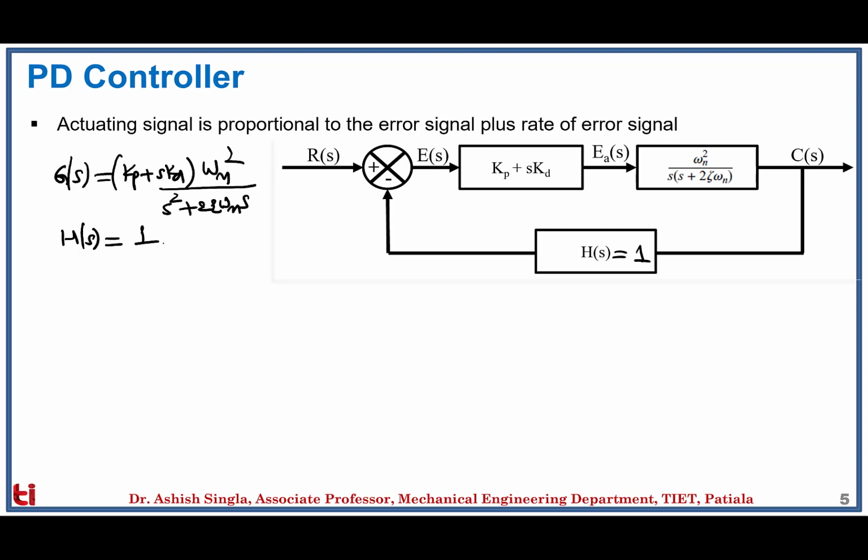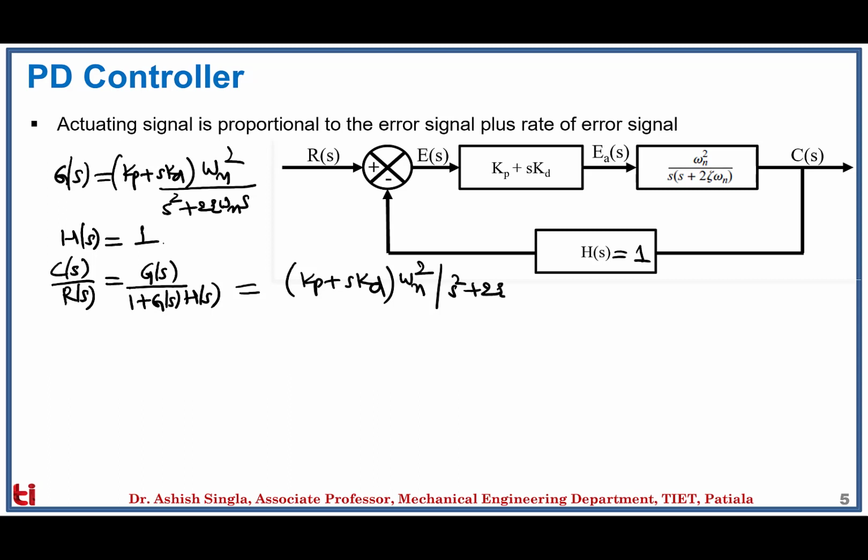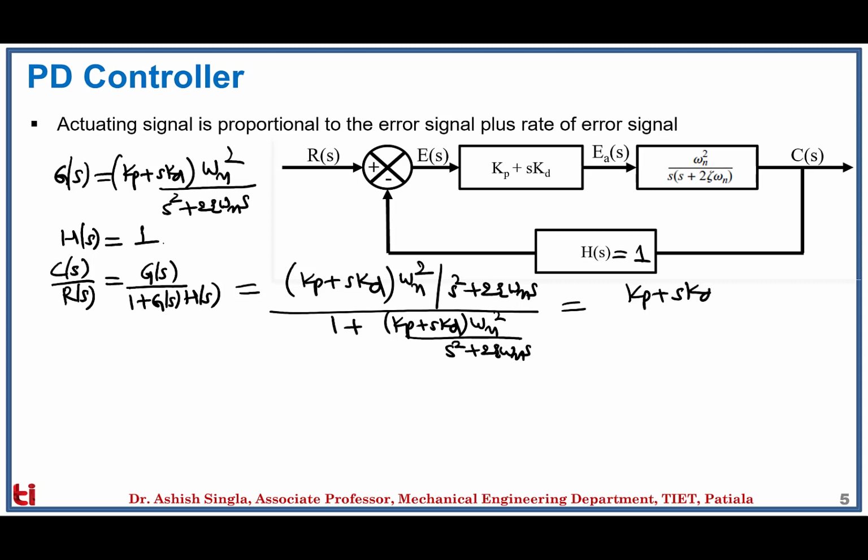So we can write the overall transfer function for this system as C(s)/R(s), which is equal to G(s) upon 1 plus G(s)H(s), which can be written as (Kp plus s Kd) times omega n square upon s square plus 2 zeta omega n s, divided by 1 plus (Kp plus s Kd) times omega n square upon s square plus 2 zeta omega n s. This can be equal to (Kp plus s Kd) into omega n square upon s square plus 2 zeta omega n s plus (Kp plus s Kd) times omega n square, which can be further simplified.